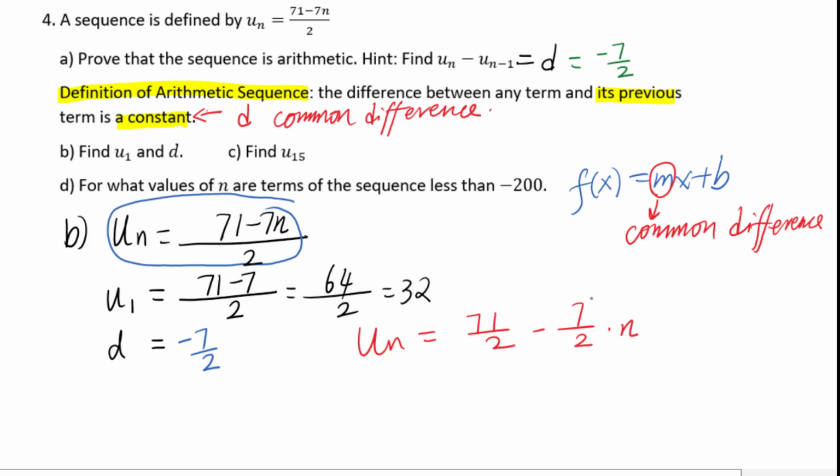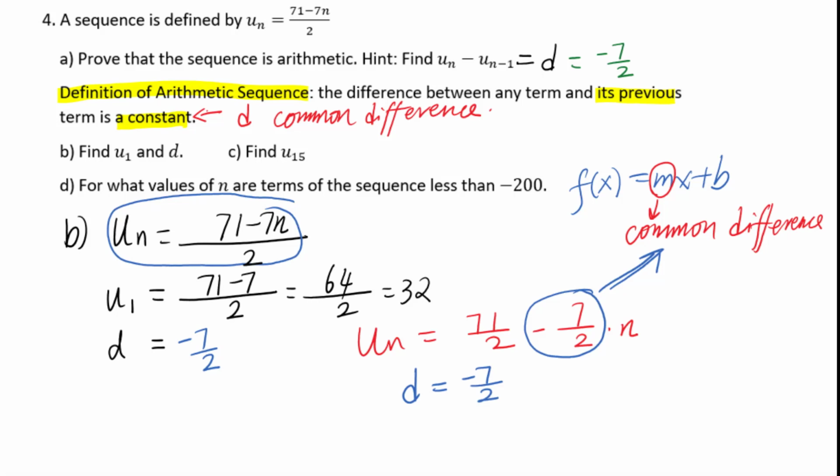The slope is negative 7 over 2, so this will be the common difference. We can get D equals negative 7 over 2. Try to make a connection between linear function and arithmetic sequence: the common difference is the slope, or the slope is the common difference, when the domain of the linear function is the natural numbers. It will form an arithmetic sequence.